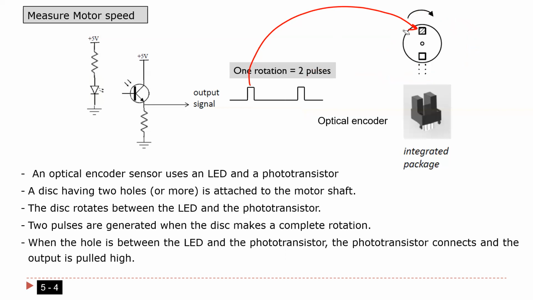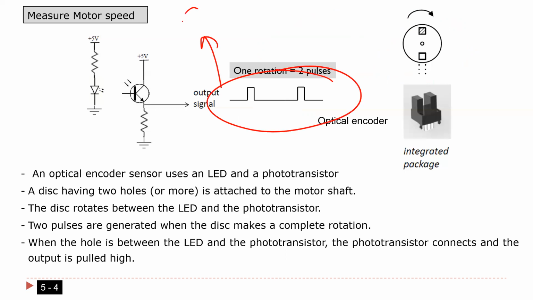So now, if I want to measure the speed of this motor, as I told you last time, there are 2 ways. You can connect this one to external interrupt, as I explained last time, in order to count how many rising edges we have in 1 second.